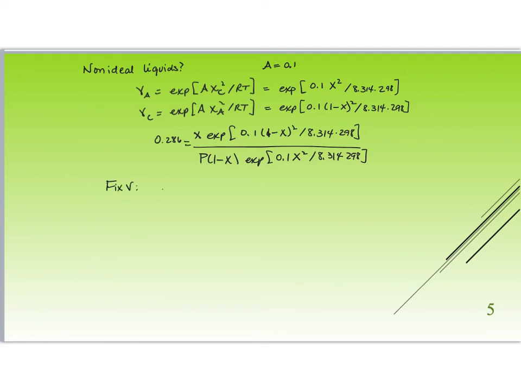If I fix the volume, then 0.286 is equal to x times V over RT times (1 minus x) squared. And then all of these exponentials, I can just subtract the exponents.